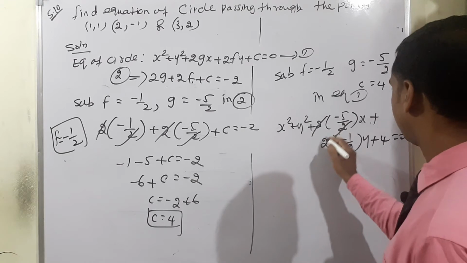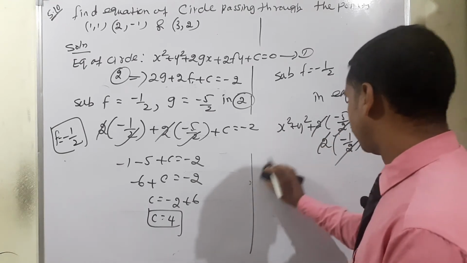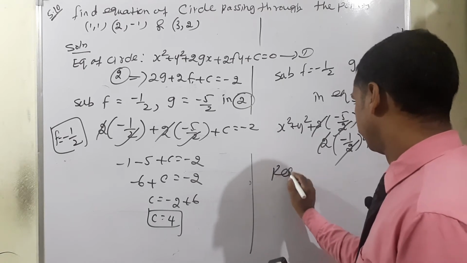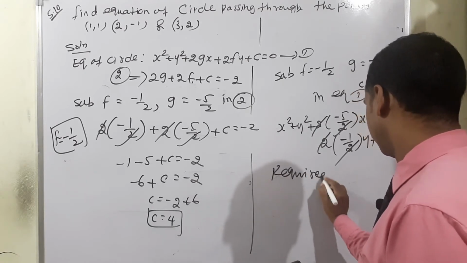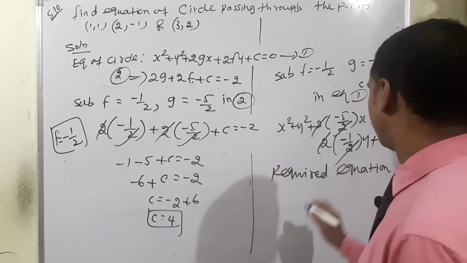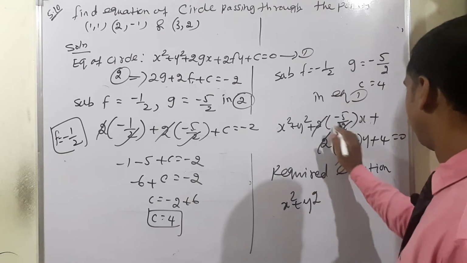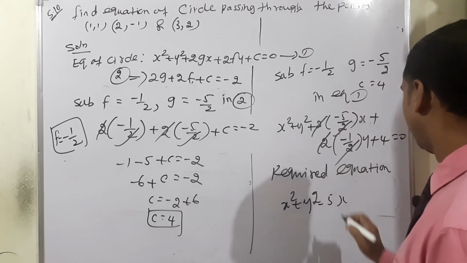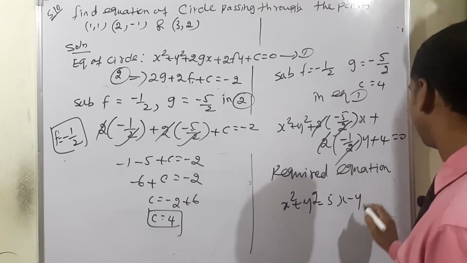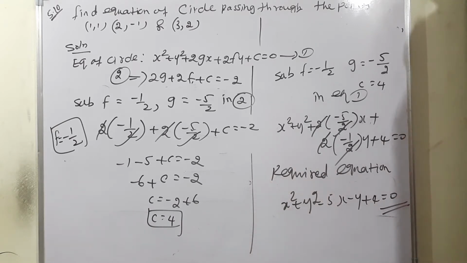Again 2 cancel, next term also 2 cancel. Therefore required equation: x square plus y square minus 5x minus y plus 4 is equal to 0. This is our required equation. Okay.